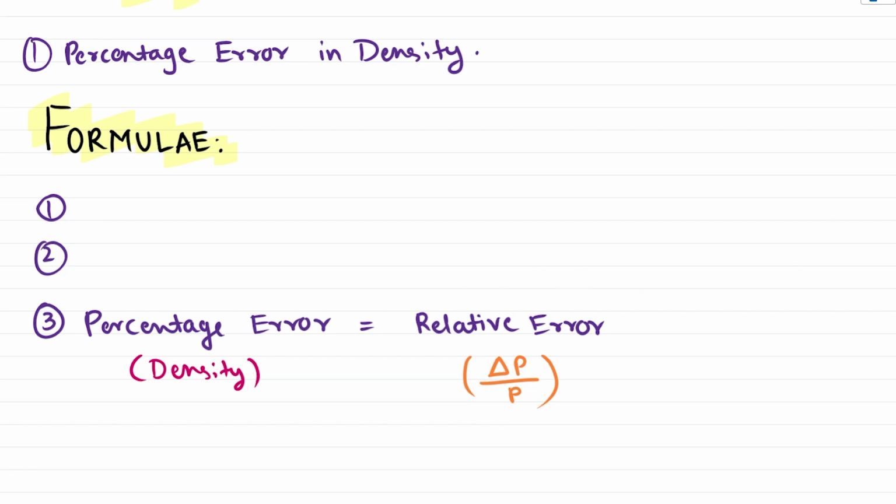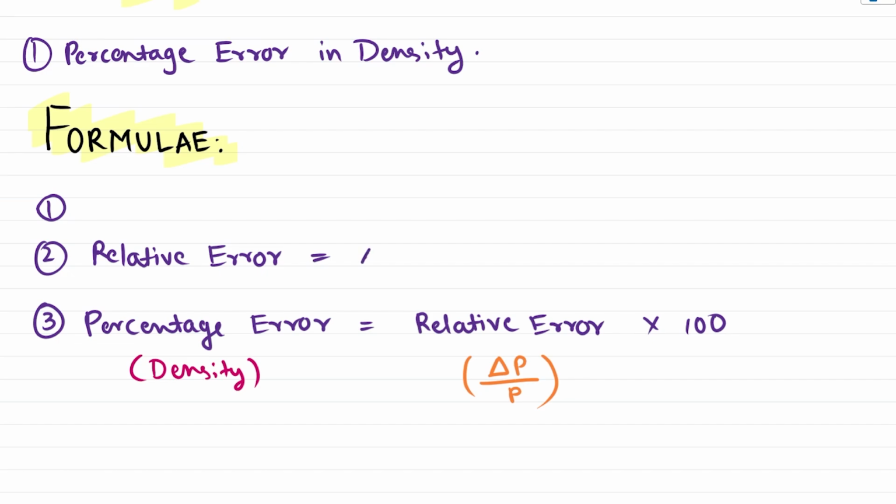So percentage error in density is the relative error in density multiplied by 100. Before we calculate the percentage error in density, our task is to calculate the relative error in density. So let us first figure out the formula for this relative error in density.